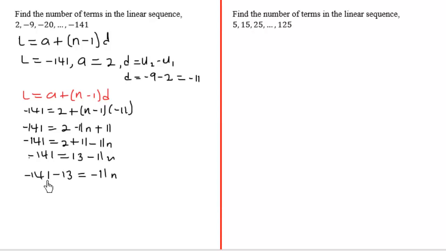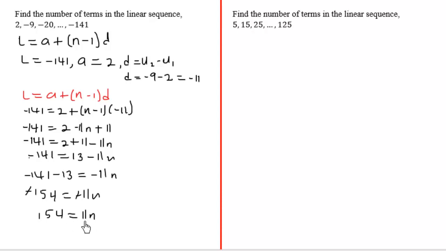Let's take the calculator and find what -141 minus 13 is. It gives us -154 equals -11n. You can see that this is negative, this is negative, so the negatives cancel out. So 154 is equal to 11n.